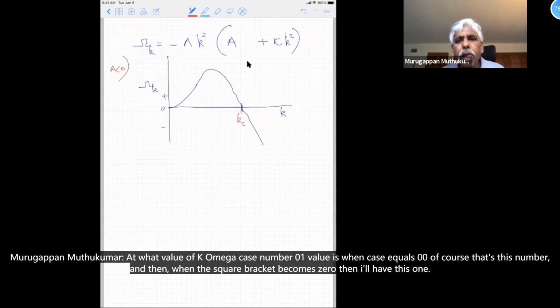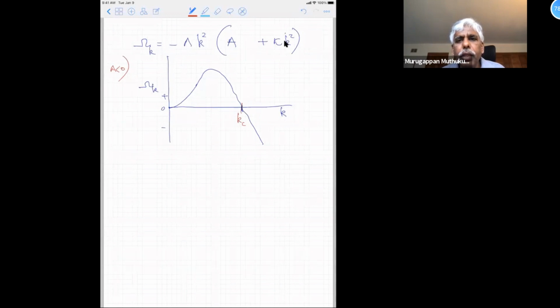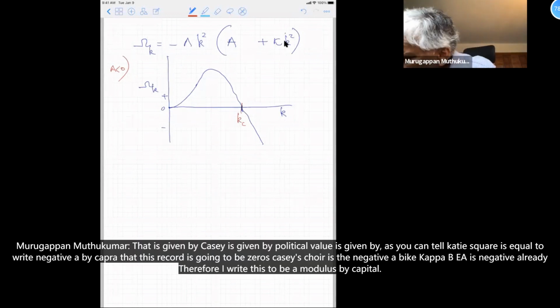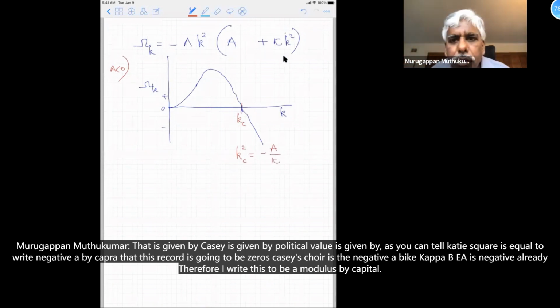And then when the square bracket becomes 0, we get the critical value: kc squared is equal to negative a by kappa, but a is negative already. Therefore, I'll write this as modulus a by kappa.